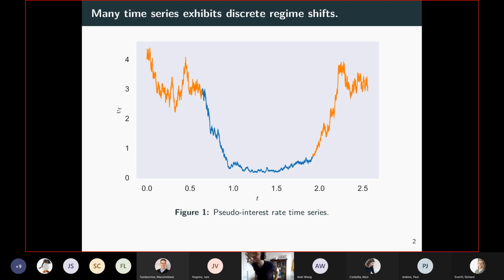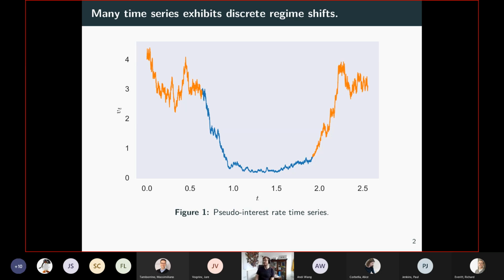So what is a Markov switching diffusion model? This is a trajectory that was generated from one such model. The trajectory is colored by the regime that the Markov switching model is in. That is, the idea is that you have an underlying discrete state continuous time Markov process, and depending on the state of that process, you have a diffusion that changes its behavior.